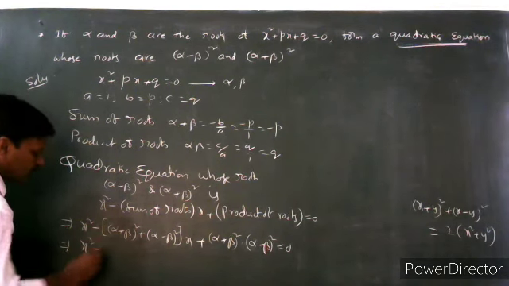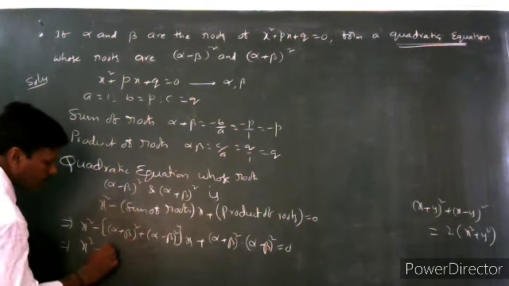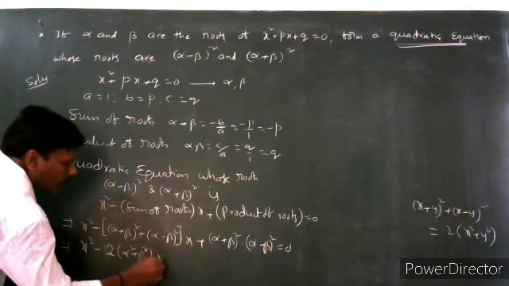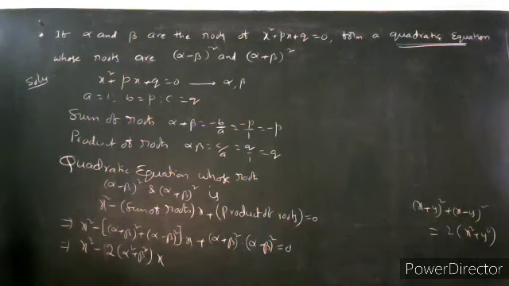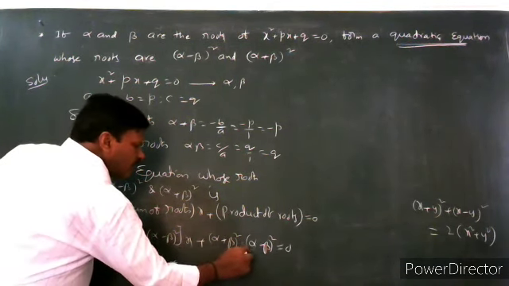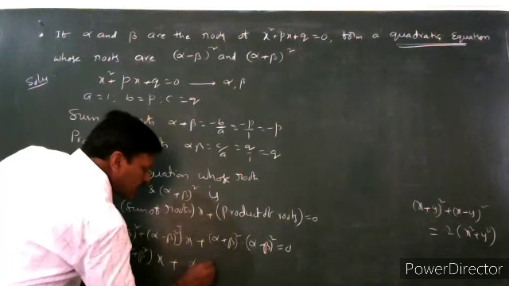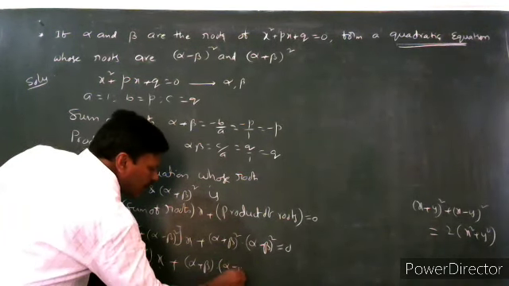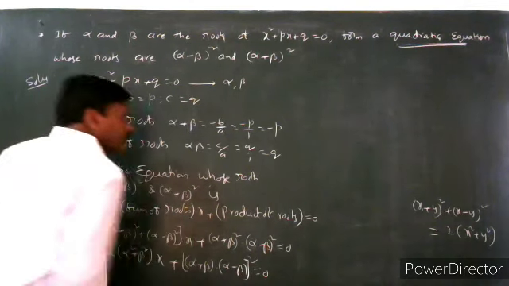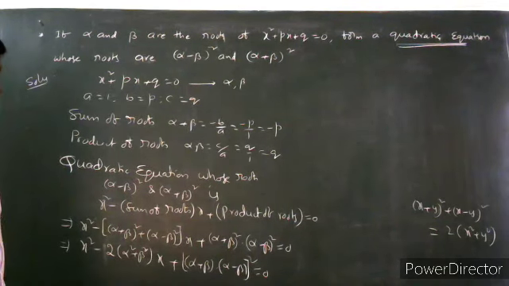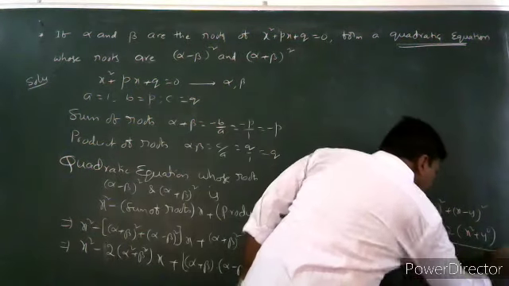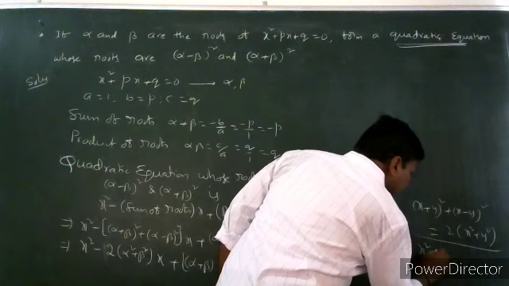That implies x square minus half, 2 into alpha square plus beta square, into x, plus alpha plus beta whole square into alpha minus beta whole square, that is alpha plus beta into alpha minus beta, totally whole square. So alpha square plus beta square, here means x square plus y square.